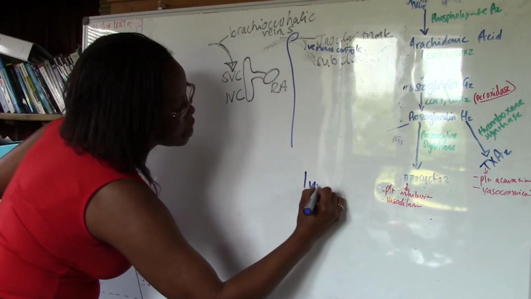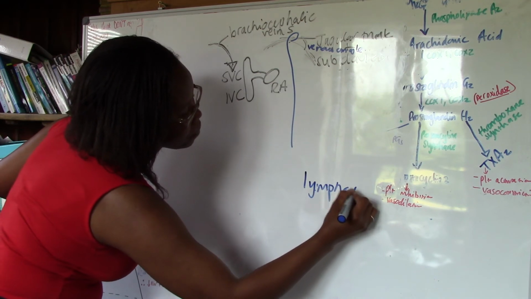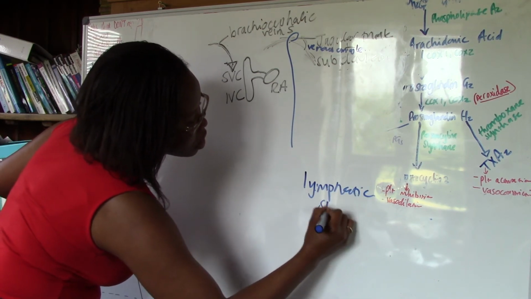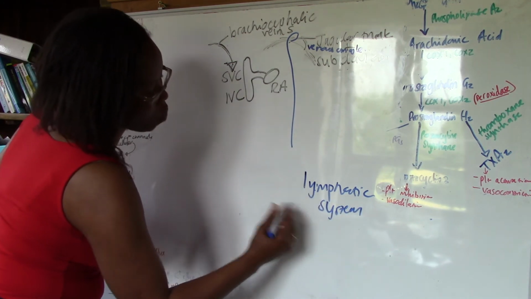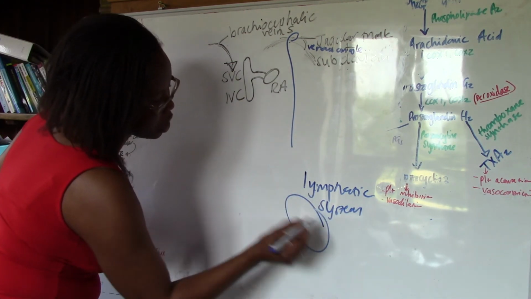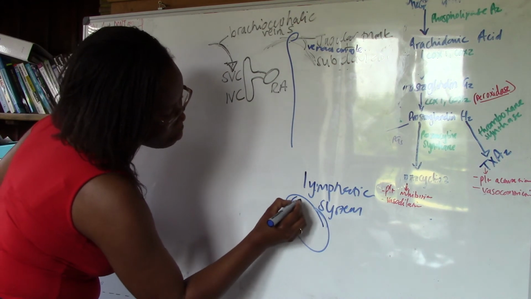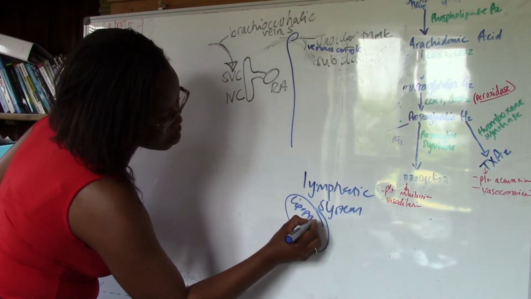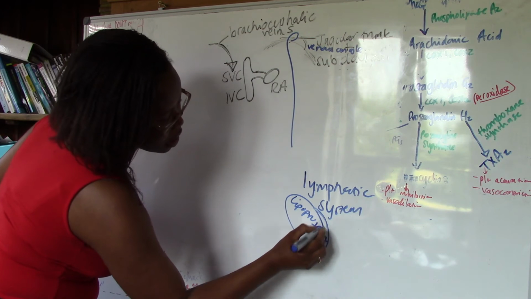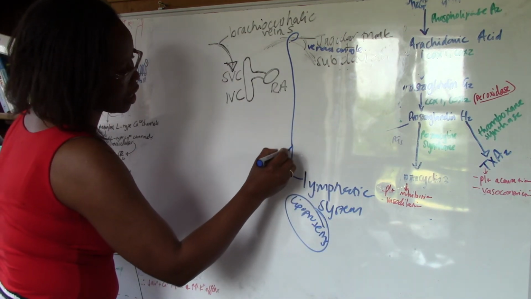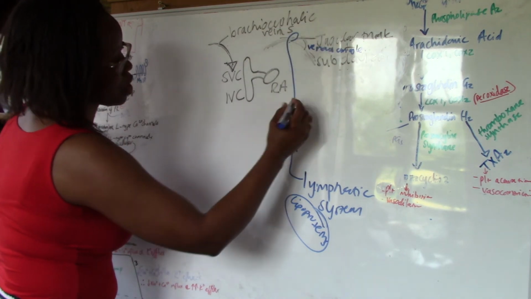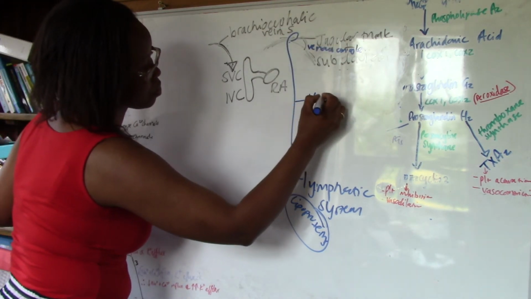So they will enter the lymphatic system, where they will be converted into lipoproteins, and then enter the thoracic duct.